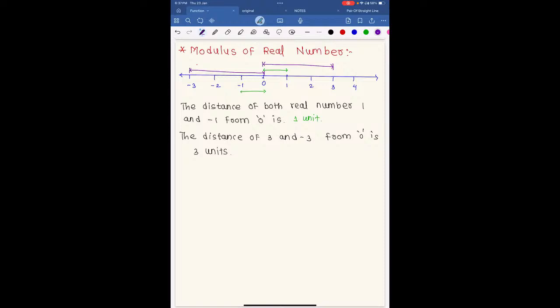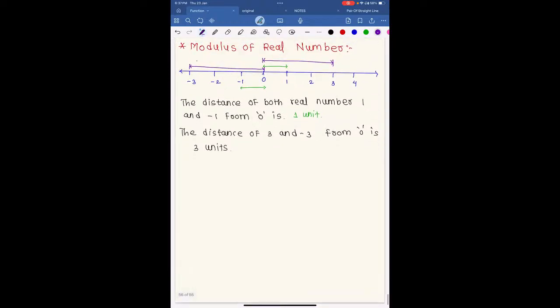Okay, so therefore the definition of absolute value or modulus of real number.